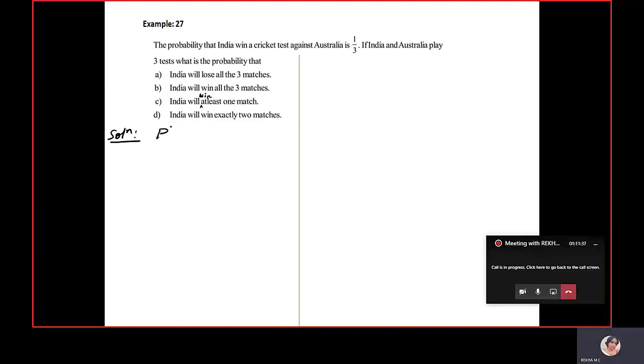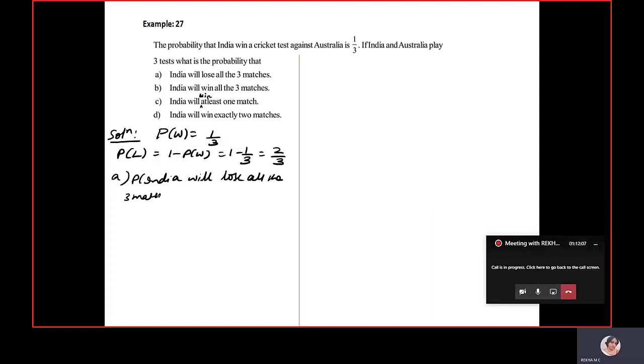So the probability of India win a cricket test is 1/3. So P of W, I'll take it as 1/3. And probability of losing, I'll take it as 1 minus P of W, that is equal to 1 minus 1/3, 2/3. Sub-question A, the probability of India will lose all the 3 matches.